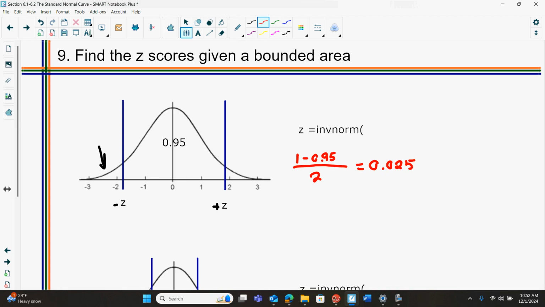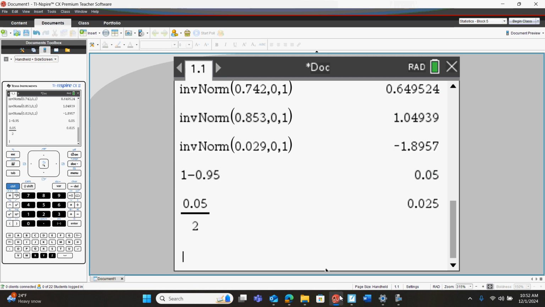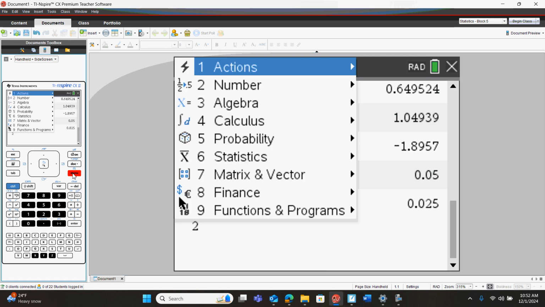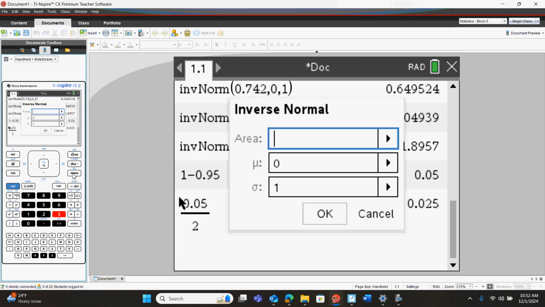Now we're going to do inverse norm using this 0.025, because that's the area to the left of the curve, with 0, 1. Go ahead and do that. Menu 5, 5, 3, 0.025.